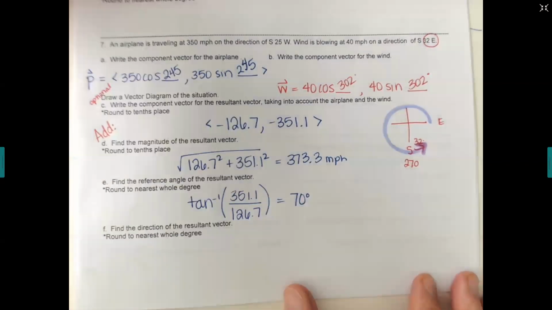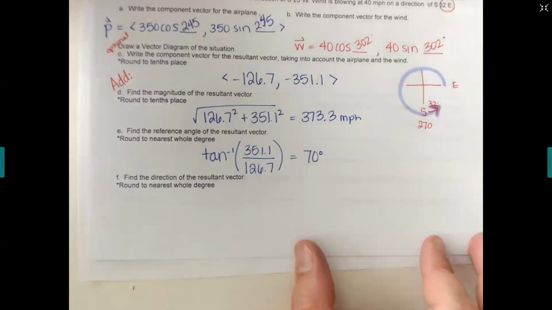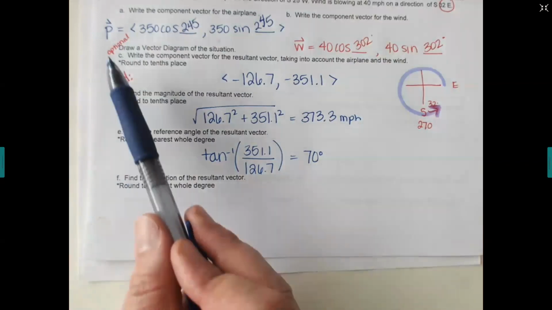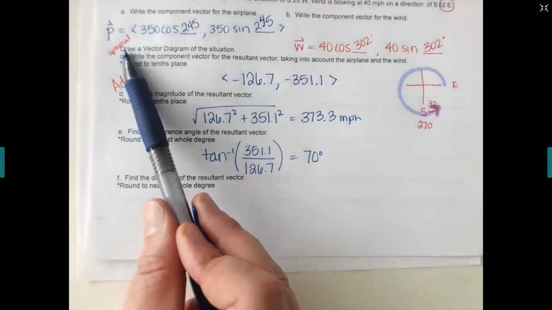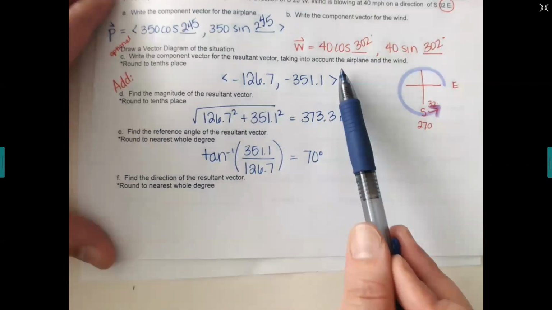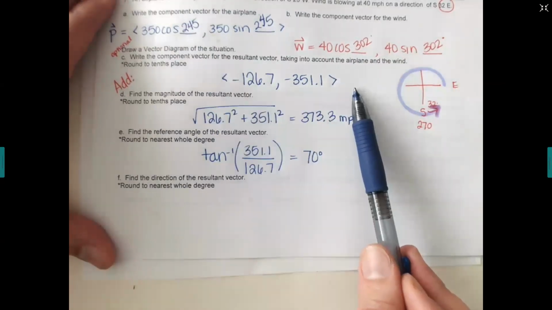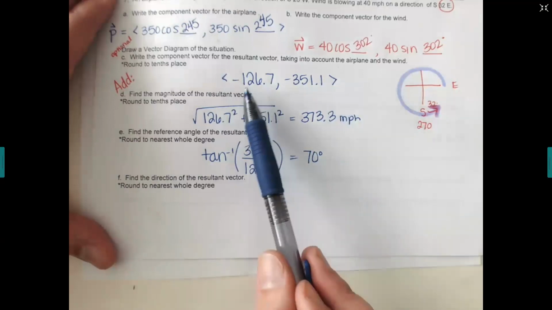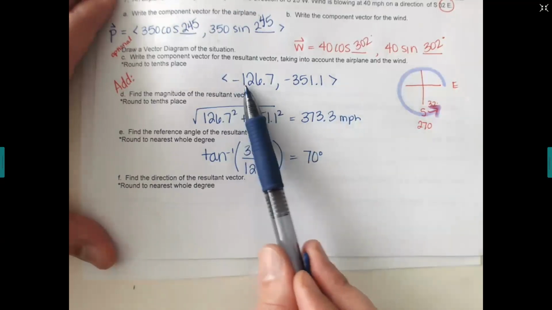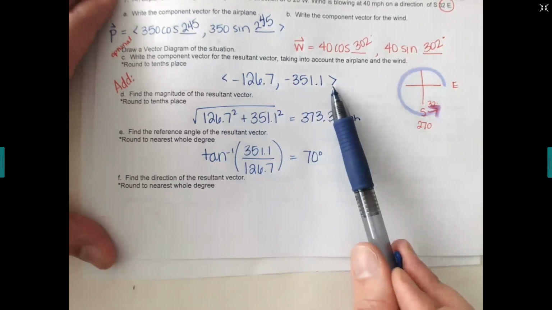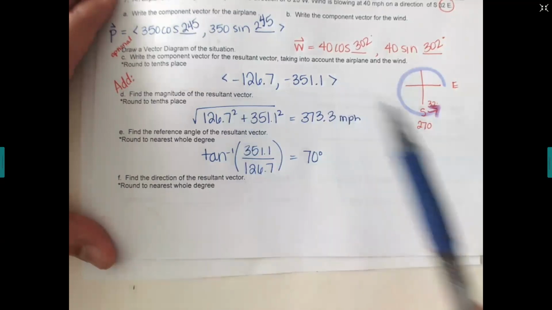Okay, and then for the last part, I want the direction. Then I need to think about what quadrant this would end up being, because remember, I told you that the drawing step is optional. How can I know what quadrant this would end up being in? Whether it's at negative or positive X and Y, right? So if I have a negative 126 and a negative 351, what quadrant would that end up in? 3.